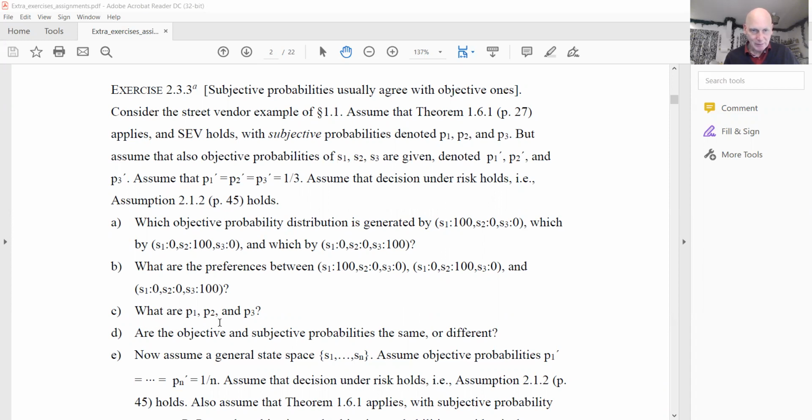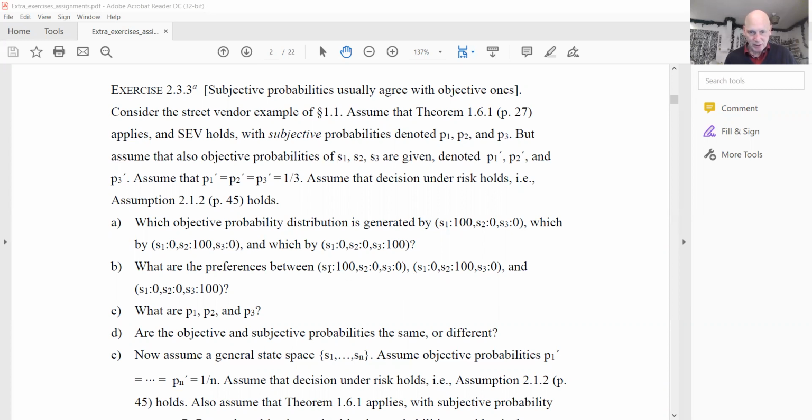Now we go to part C. What are P1, P2, and P3, the subjective probabilities? Well, we have seen in part B that these three prospects are indifferent. That means preferences do maximize subjective expected value, so these have the same subjective expected values.